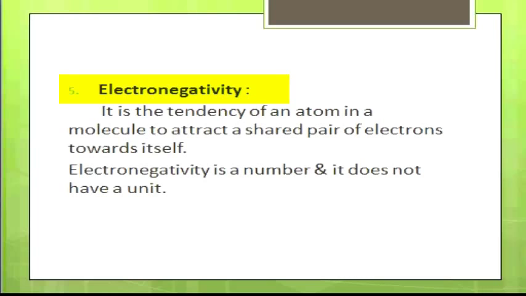The electronegativity value of an element denotes the ability of its atom to compete for the shared pair of electrons with another atom to which it is bonded. Electronegativity is a number and it does not have a unit.